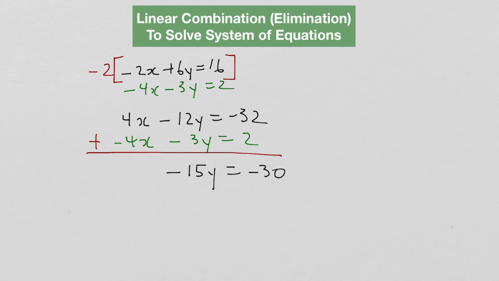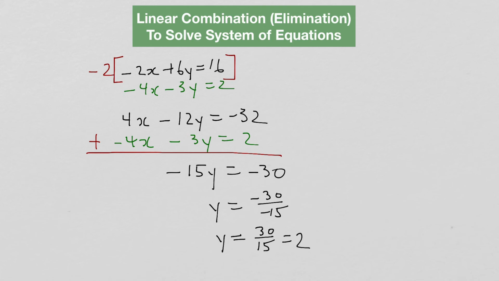So now we can solve for y by dividing both sides by -15, or multiplying by the reciprocal of -15, which is -1/15. What we end up getting is y is equal to -30 over -15. A negative divided by a negative becomes a positive number. So then all we're left with is y is equal to 30 over 15, which is equal to 2.